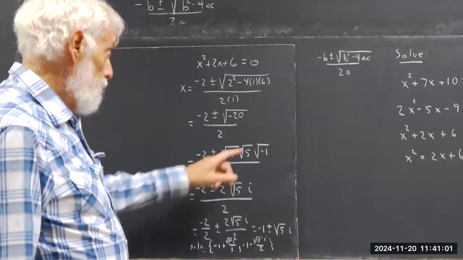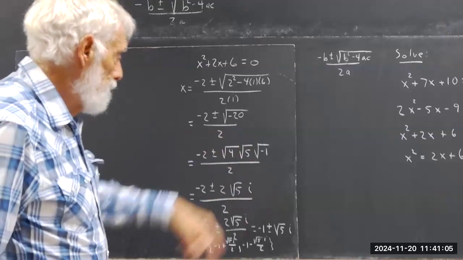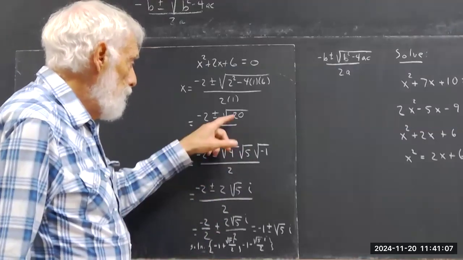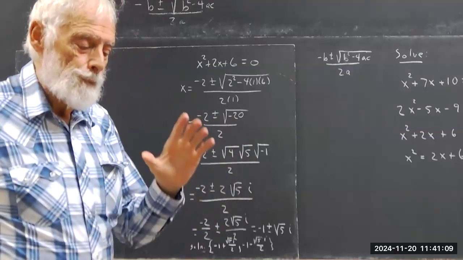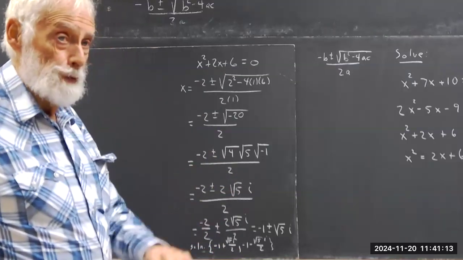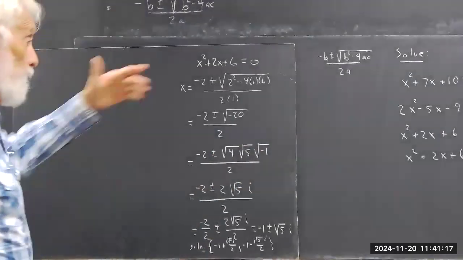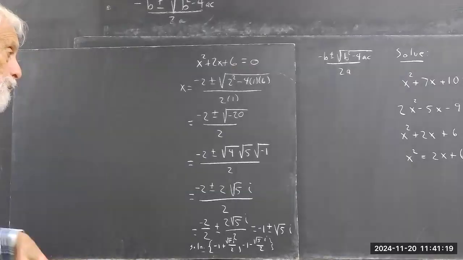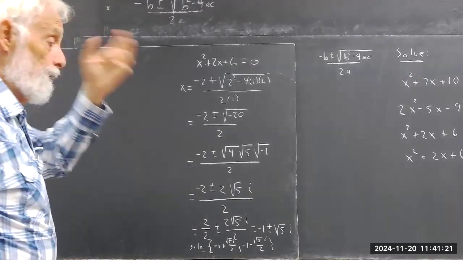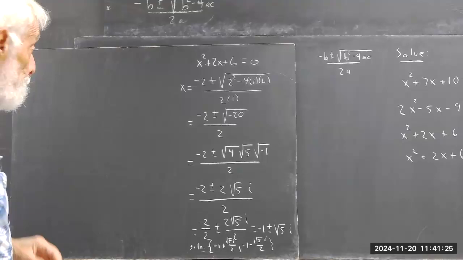And then whatever's left, leave it under the radical. If you have a negative here, for the purposes of this course, you can stop and say there's no real solution. And that's going to have implications for the graph of this equation. We're going to see the graph. I'm going to show you how to graph these things in just a couple of minutes.